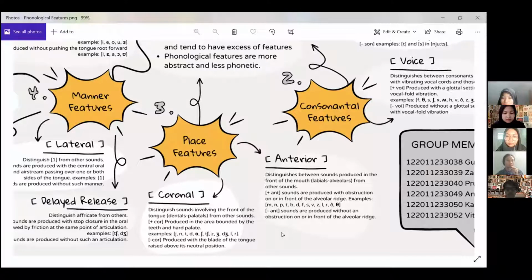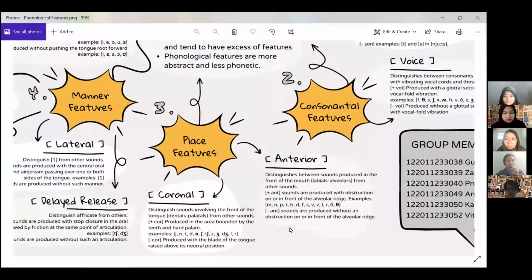And then the second place feature is anterior. This feature distinguishes between sounds produced in the front of the mouth, like labials and alveolars, from other sounds. Positive anterior sounds are produced with obstruction on or in front of the alveolars. The examples are n, p, d, b, t, f, s, v, and so on.